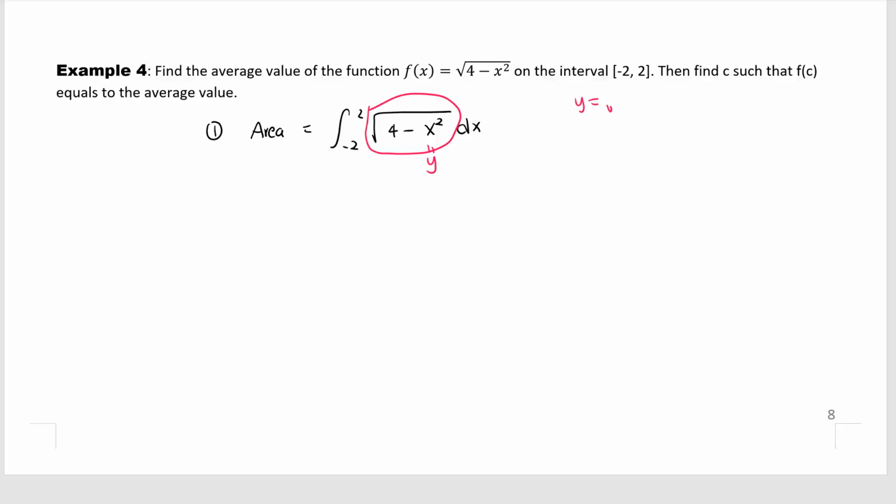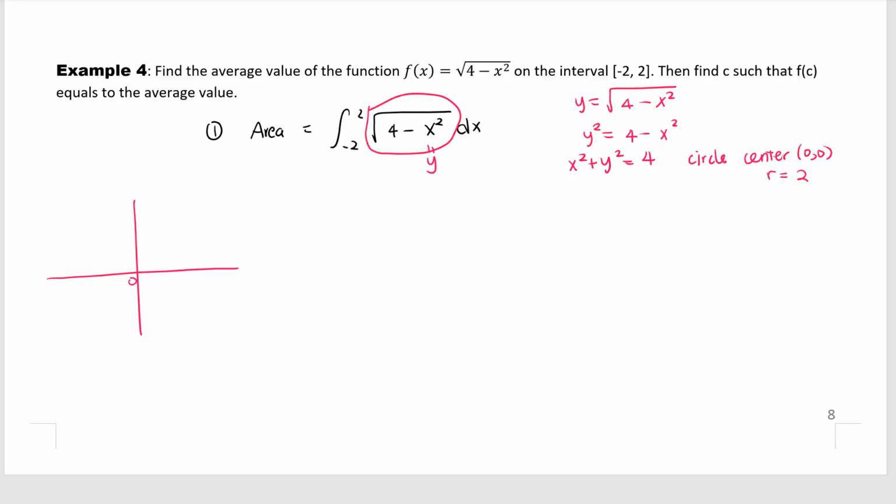So y equals square root of 4 minus x squared. We square both sides. We get y squared equals 4 minus x squared. And then we can move the x squared to the left. What is this? This is a circle centered at the origin with the radius, is it 4? No, it's 2.